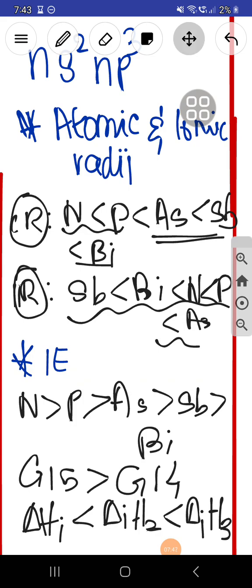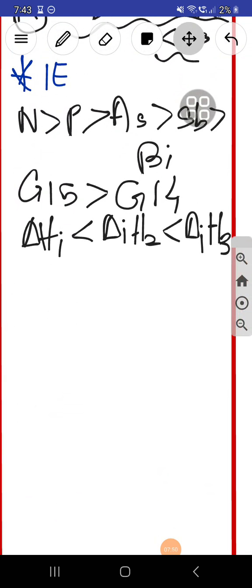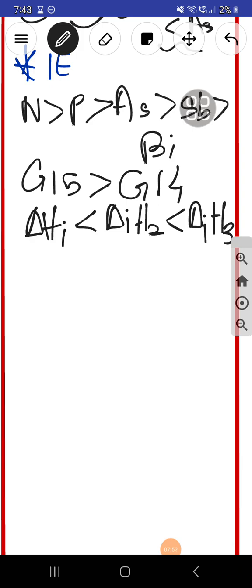The next thing we are going to learn about is electronegativity, which I am representing as En. They are electronegative, but the electronegativity decreases down the group. We know that as size increases, electronegativity decreases, but among the heavier members, the difference is not that pronounced.